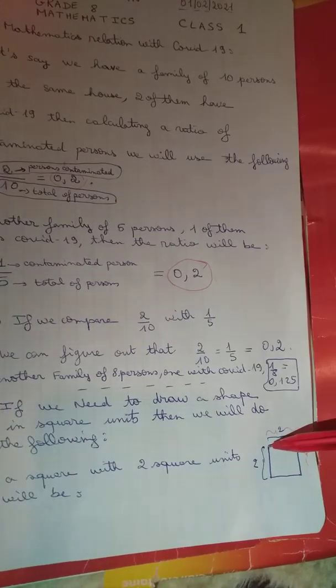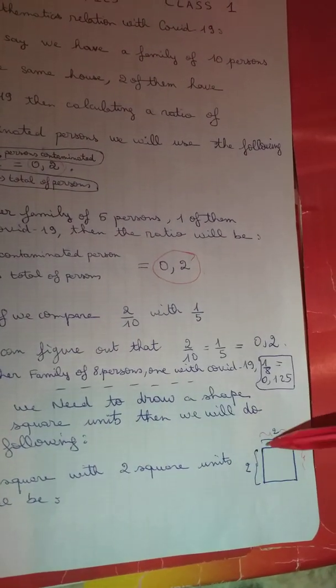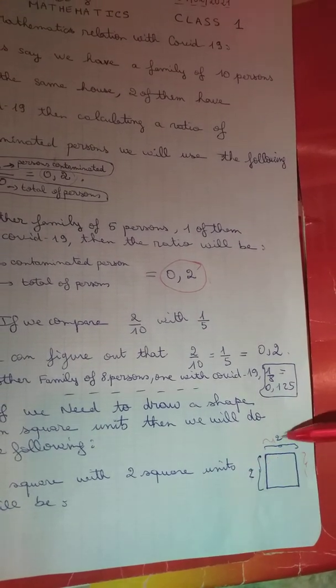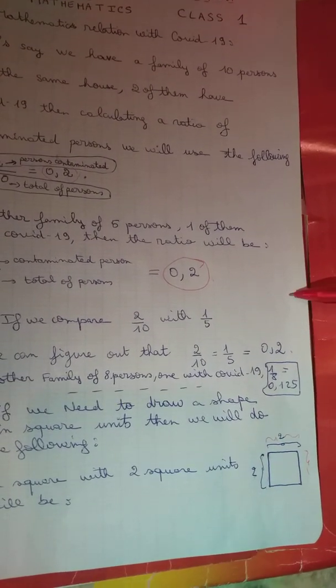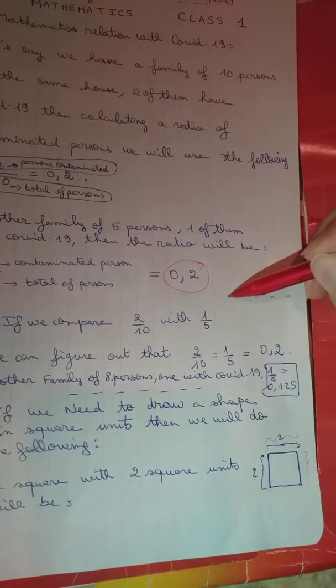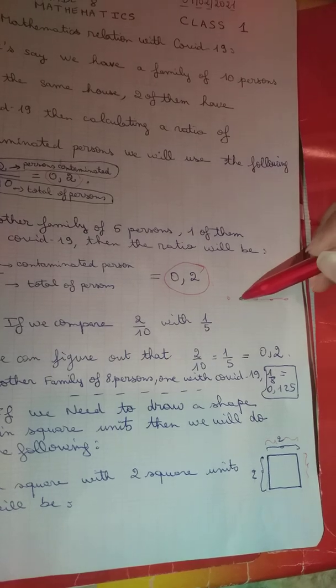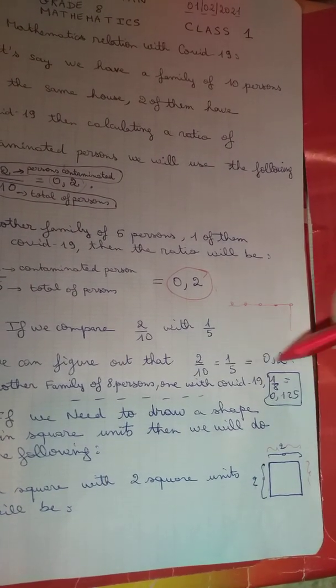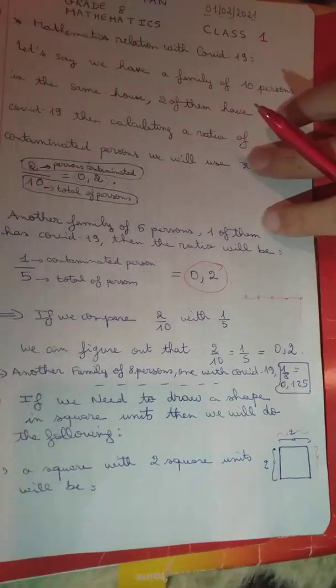So it will be 1, 2, 1, 2. So this is a square of 2 square units. If it will be 4 by 4, for example, it will be 1, 2, 3, 4. It's like that, let's say. And the same thing, 1, 2, 3, 4, and we'll close it.